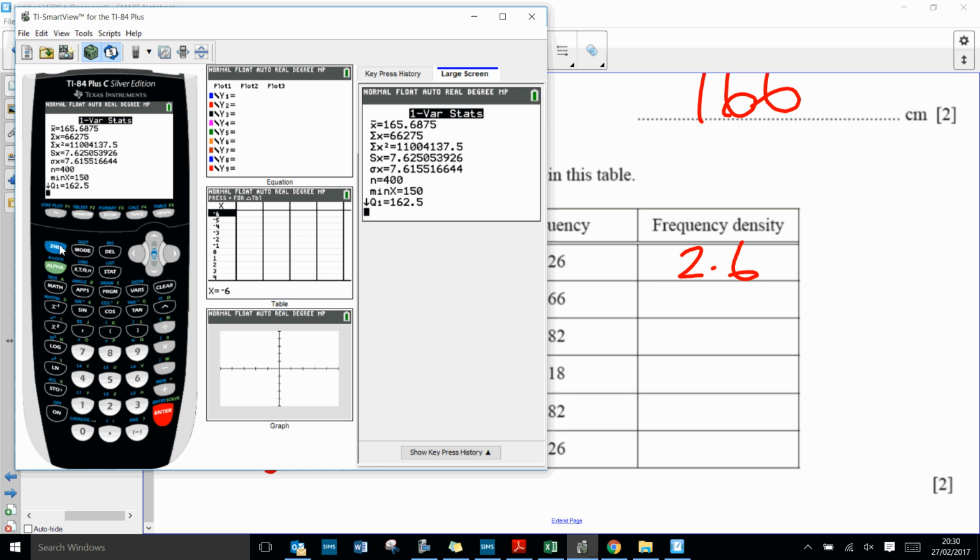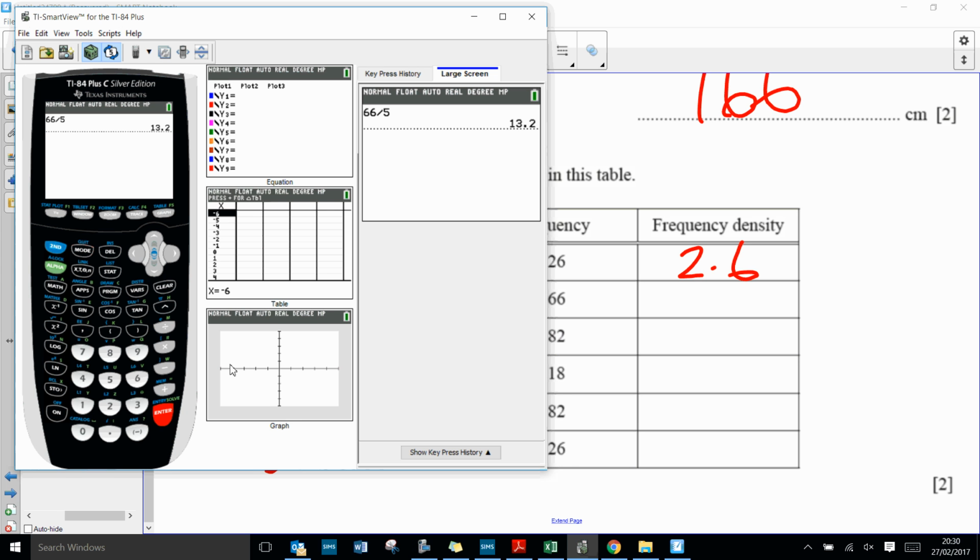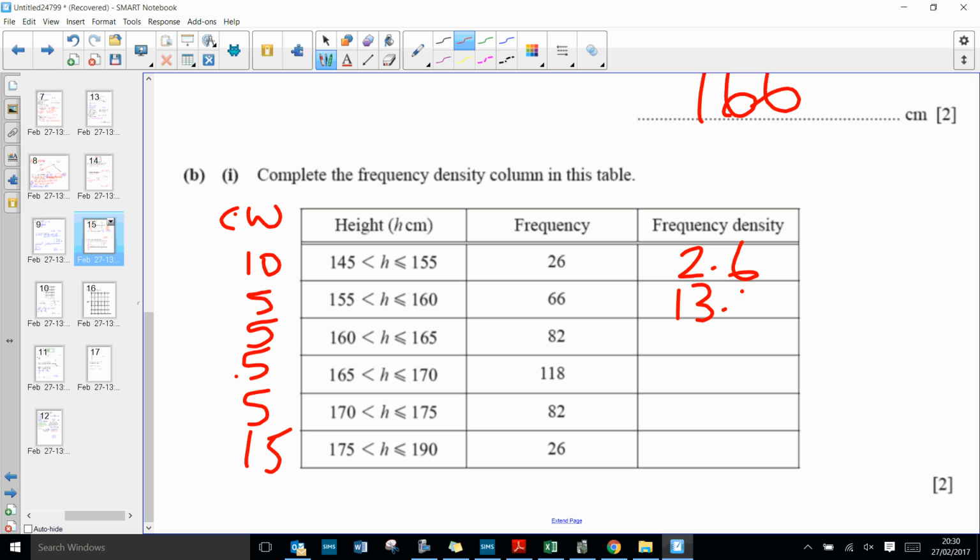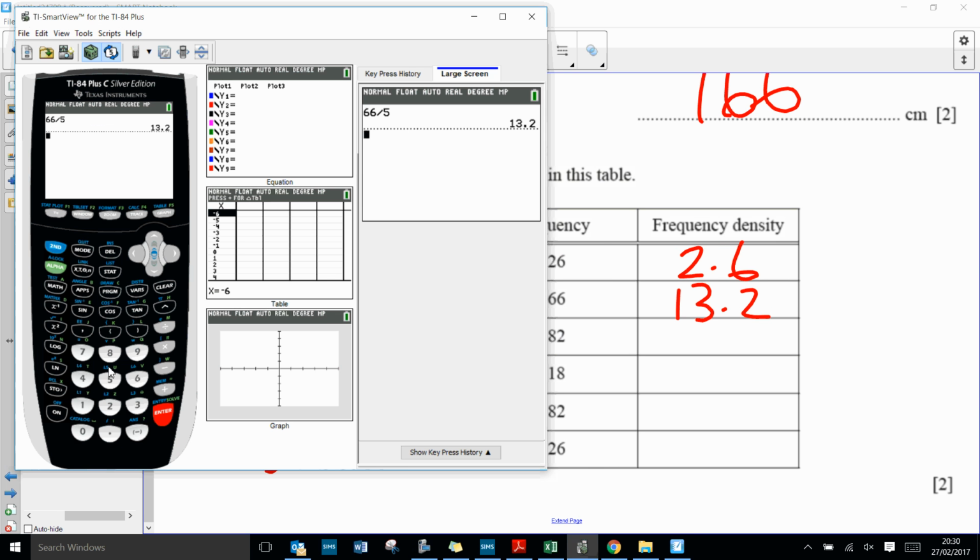66 divided by 5 is 13.2. 82 divided by 5 is 16.4.